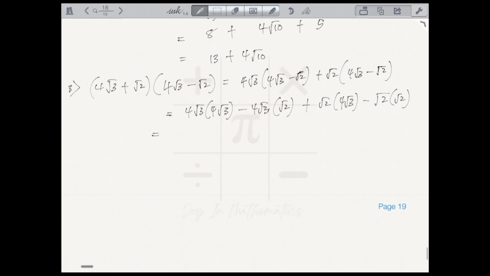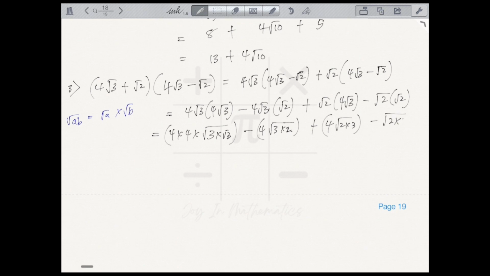So we perform our surds operation here. We know that root AB is equal to root A multiplied by root B. Therefore, this will give us 4 times 4 times root 3 times root 3 minus 4 root 3 times 2 plus 4 root 2 times 3 minus 2 root 2 times 2.